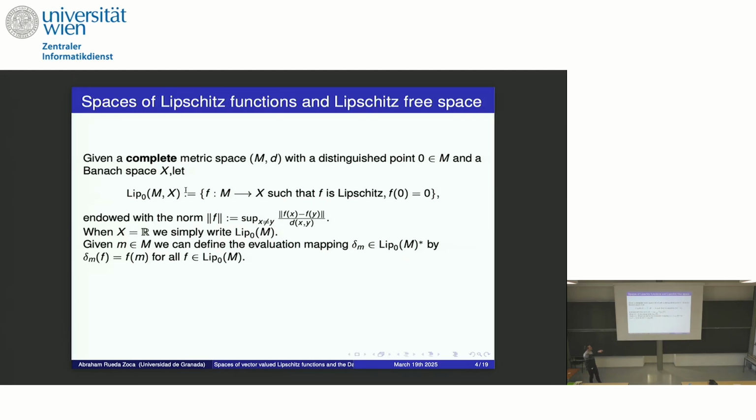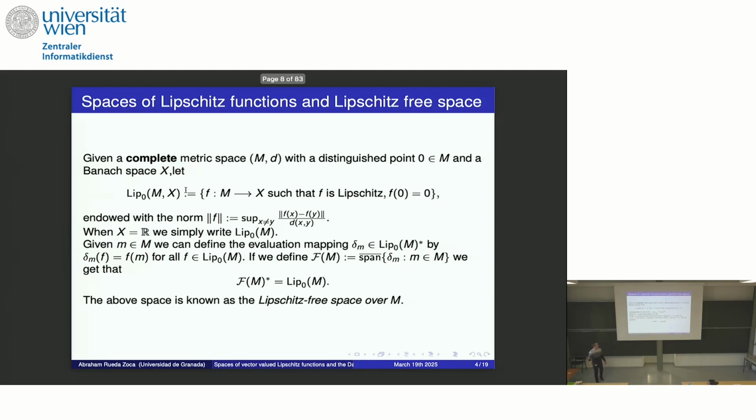It is a functional which acts on a Lipschitz function just by evaluating at the point. It is linear and continuous, and it turns out that if one defines F(M) as the closed linear span of these evaluation mappings, what we get is a Banach space whose topological dual is isometrically isomorphic to Lip0(M). This F(M) is what is known in the literature as the Lipschitz free space over M.